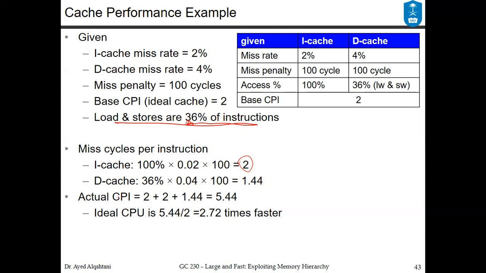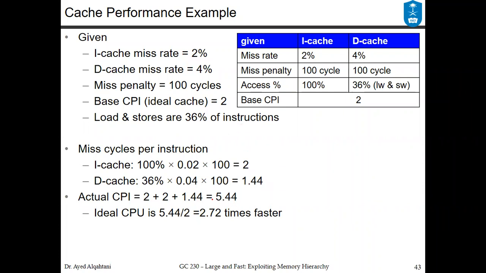So the actual CPI is the base CPI, which is 2, plus the additional miss cycles per instruction, which is this 2 plus the 1.44, and the total would be 5.44.